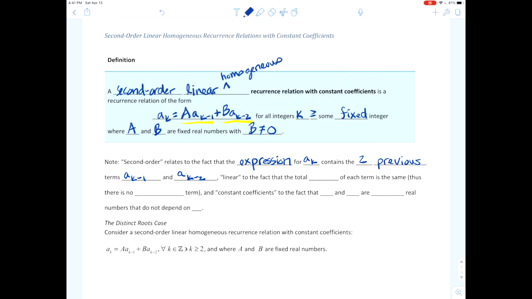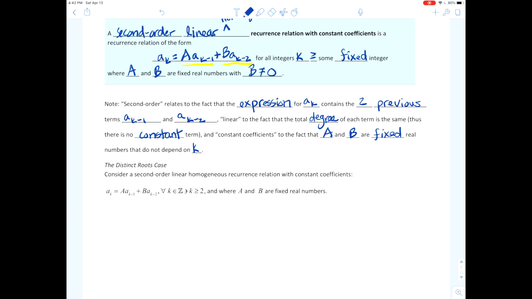It's linear in the sense that the total degree of each term is the same. Thus, there is no constant term. And constant coefficients refers to the fact that capital A and B are fixed real numbers that do not depend on k. All right?